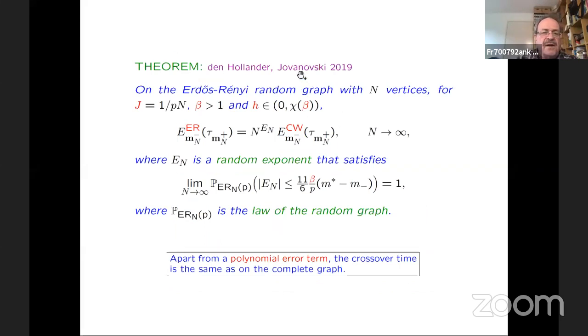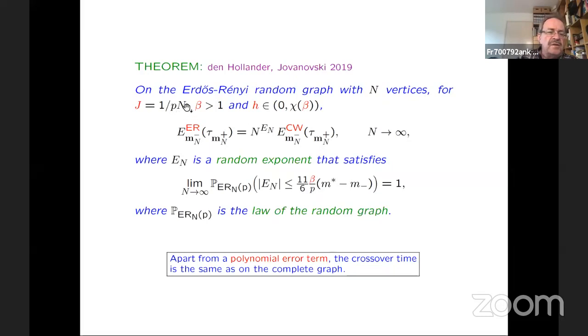The theorem I derived with Oliver is rougher in some sense and finer in some other sense, and I will explain that to you. So we are going to take J not equal to 1 over n, but 1 over Pn now. That's because a spin is only interacting roughly with Pn spins.